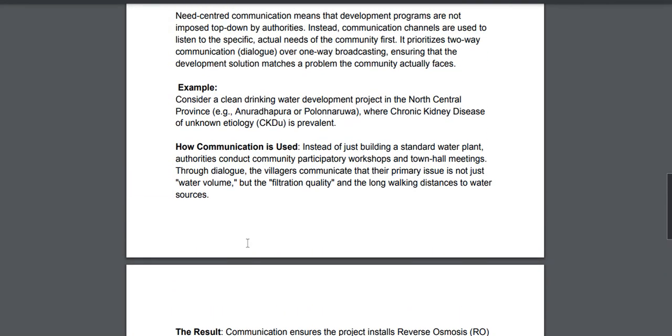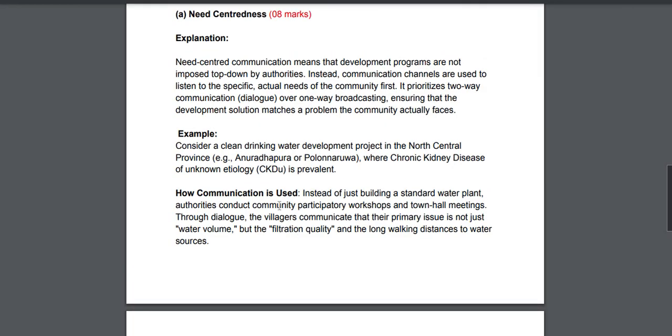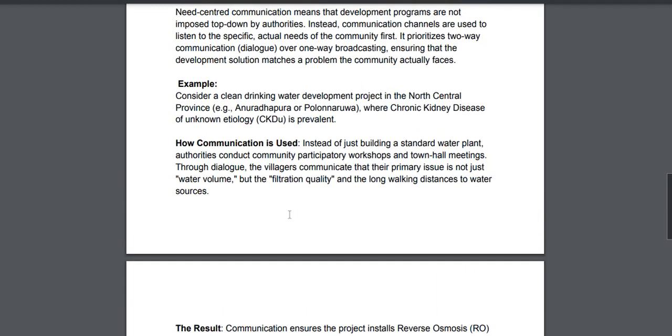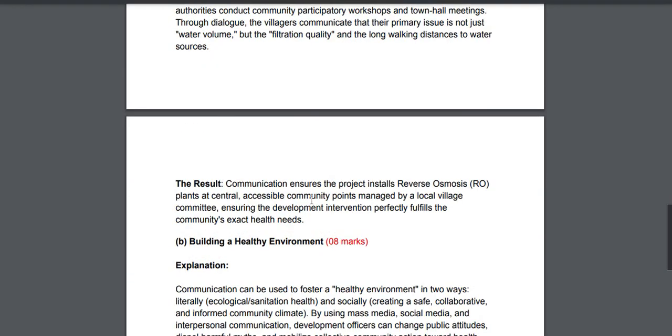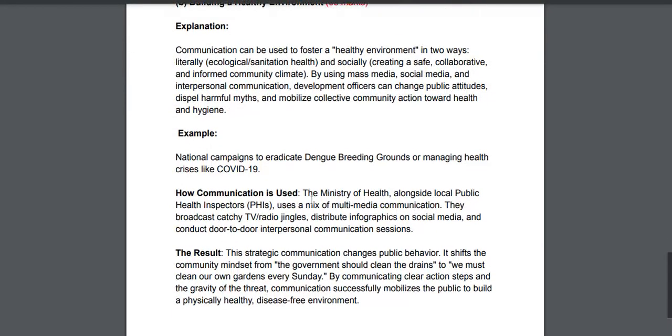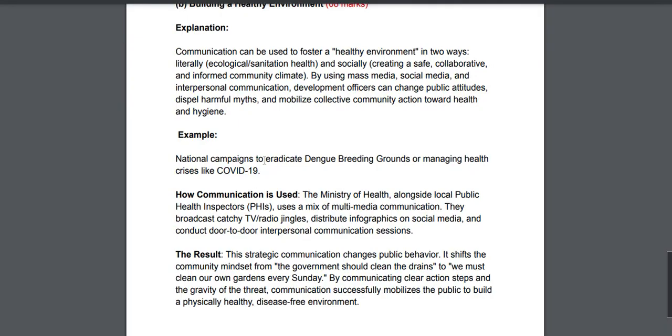You can write the example and the fourth part within the introduction or the explanation, but I have written those things separately so you can see the contents clearly. So here you have explanation, example, how communication can be used for this purpose, and the result. Here also the same procedure is going on: explanation, example, how communication is used, and the result.